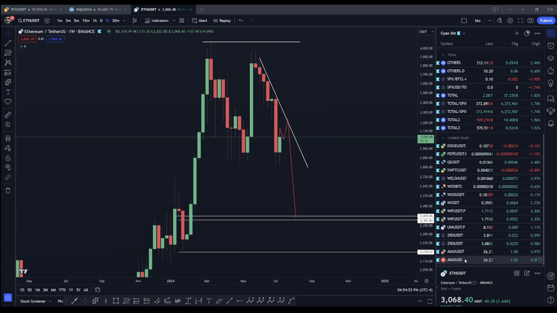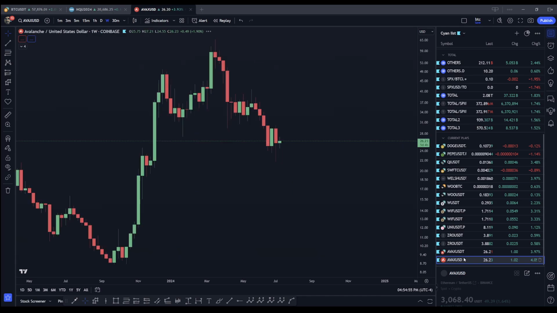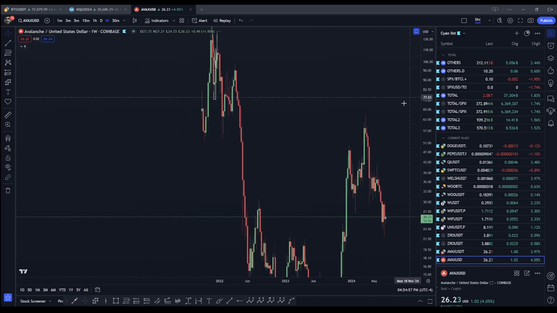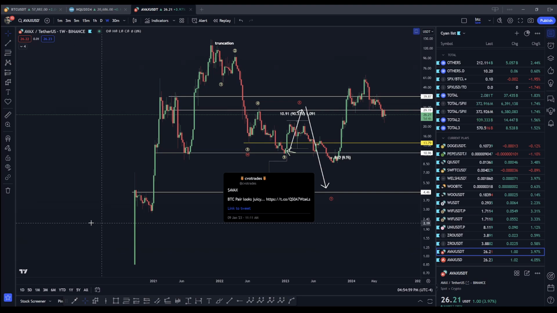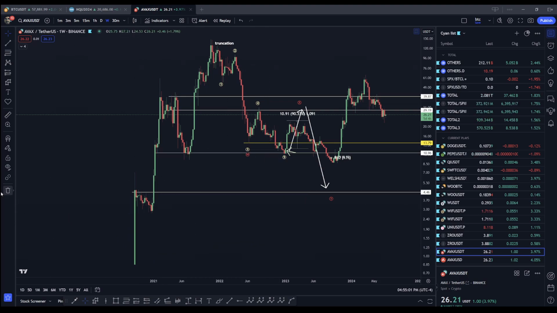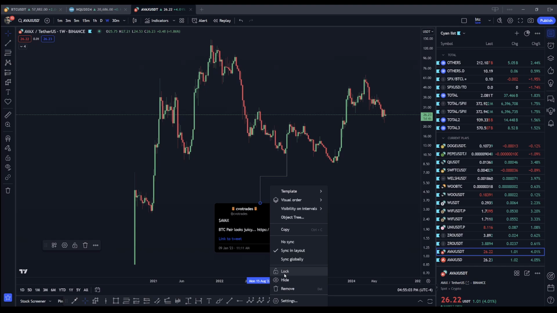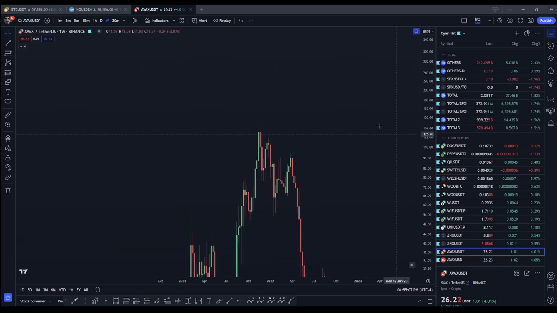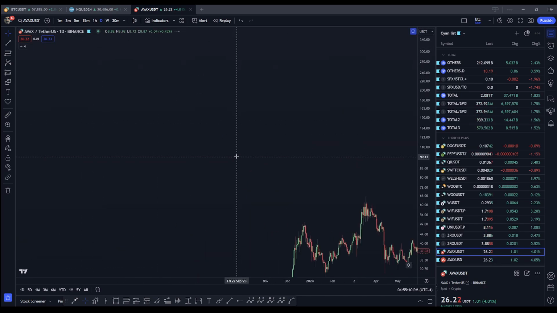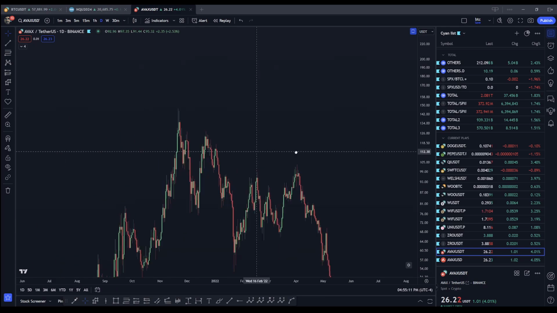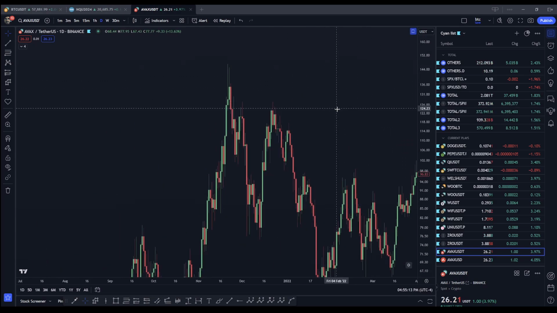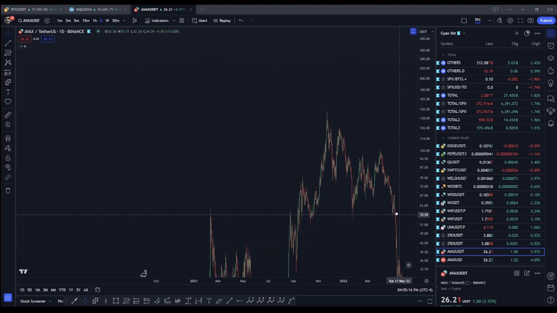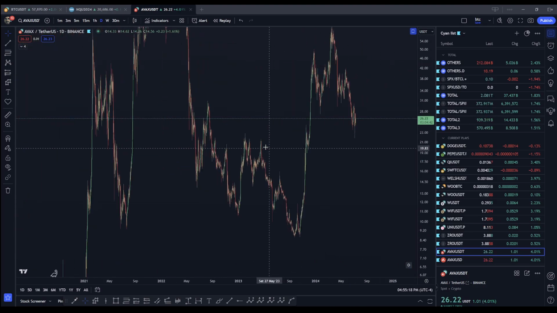Let's look at some other ones. So AVAX is nice. Now this is interesting to me because it never swept a high either. So maybe it goes for it.